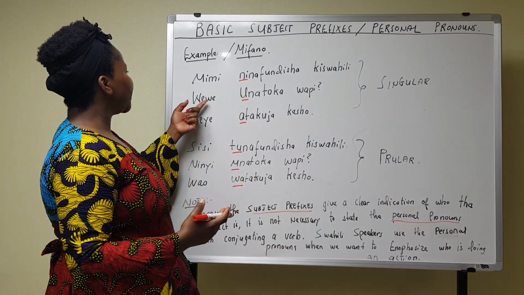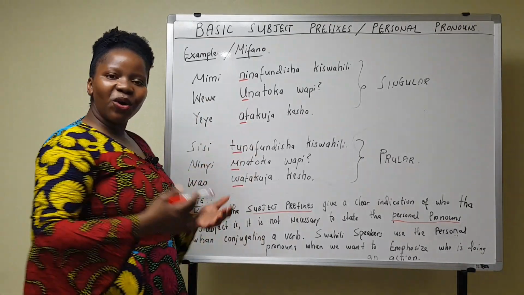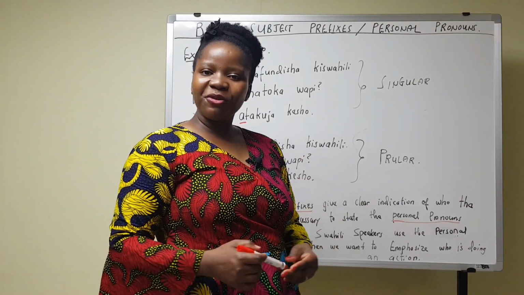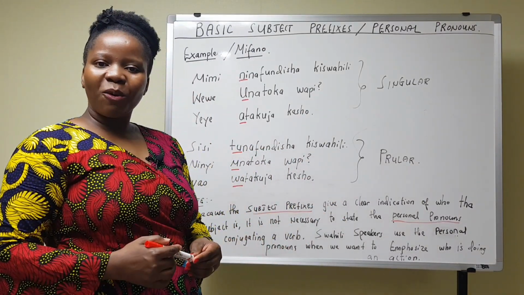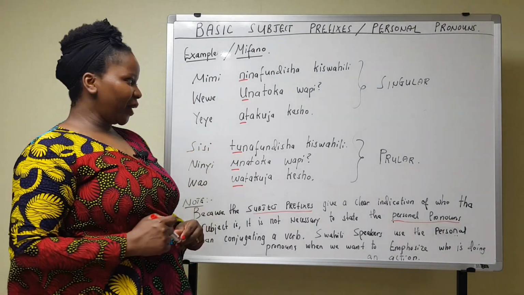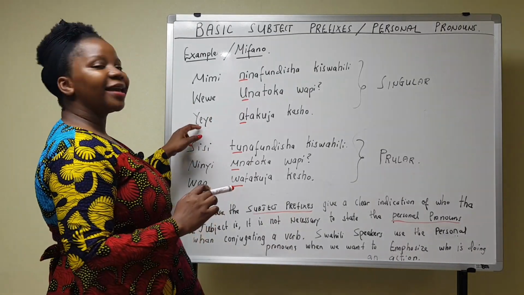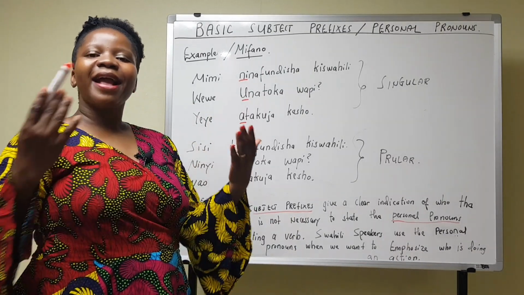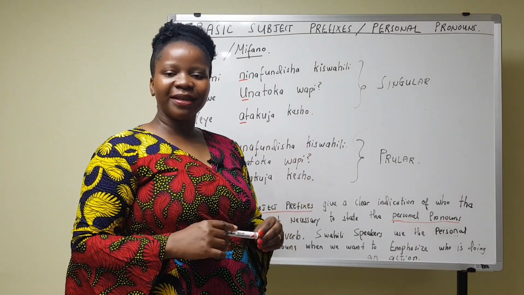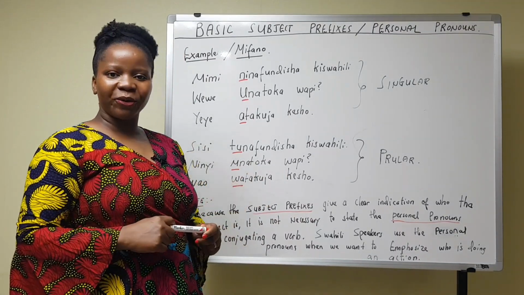Where are you from? without using the personal pronoun wewe. And you can say atakuja kesho without using yeye. That is a clear Swahili sentence, which means he or she will come tomorrow.